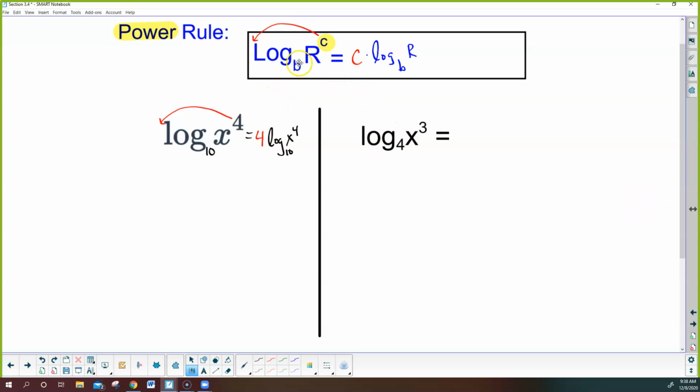All right, but as we've learned, it really doesn't matter what the base is, if it's 10 or if it's something else. Why don't you go ahead and do this one here quick?